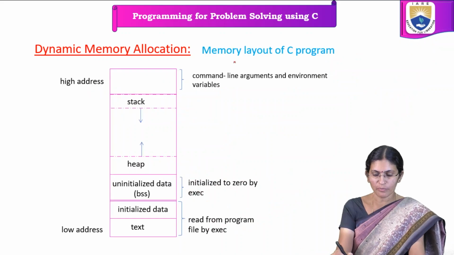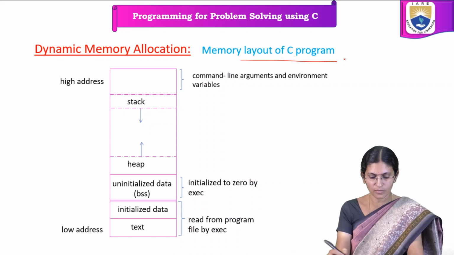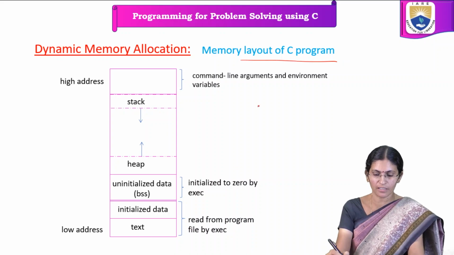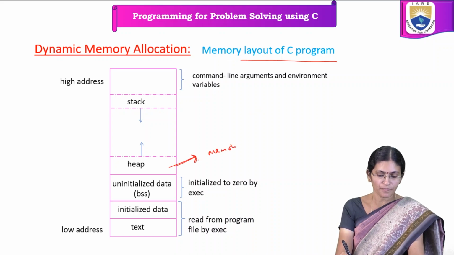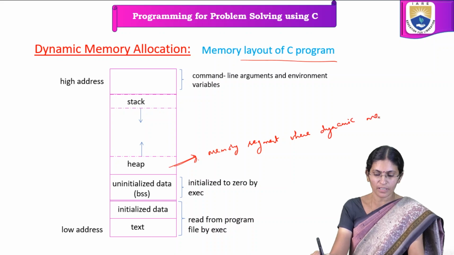Let us see the memory layout of C program. Dynamic memory allocation takes place in the heap area. The heap is the memory segment where dynamic memory allocation takes place.